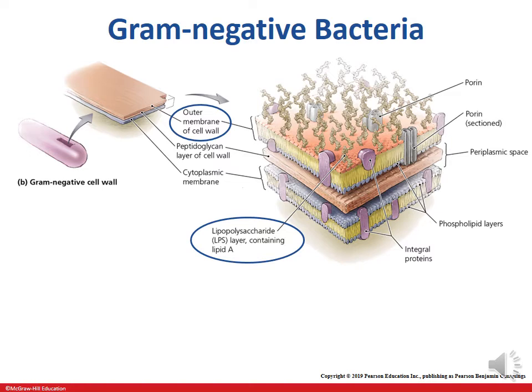It's going to release the lipopolysaccharide into the patient's body, and it's going to flood the body with something that triggers really high fever and shock and other things that we'll talk about when we get to the immune system chapter. It's basically going to trigger the immune system in a very negative way. So keep that in mind. This is the reason why we do a gram stain to start with: this substance right here, LPS. That's part of that outer membrane, which is on the surface of gram-negative bacteria.